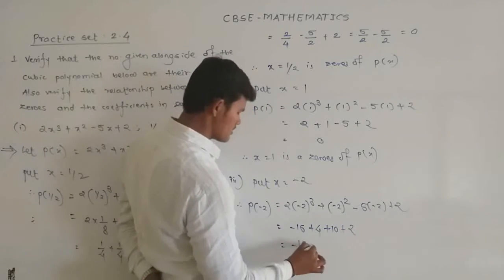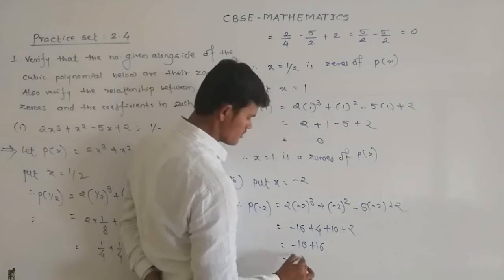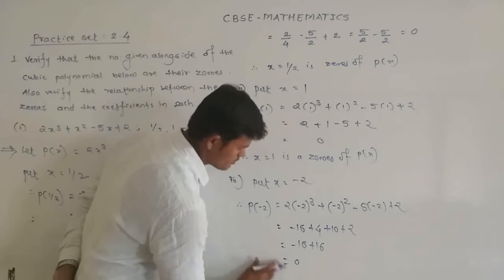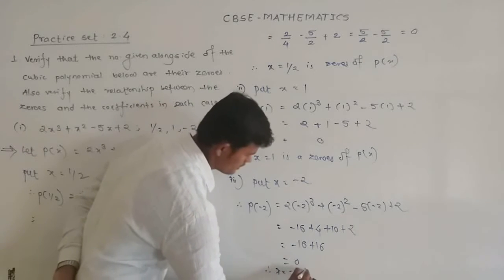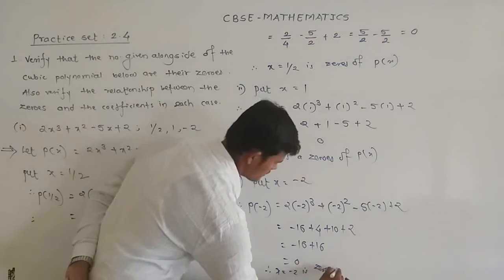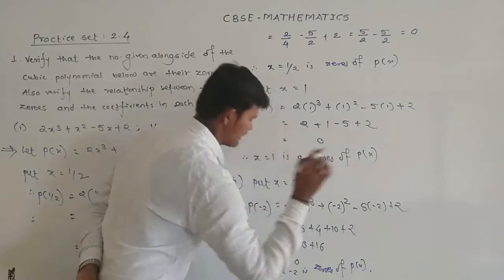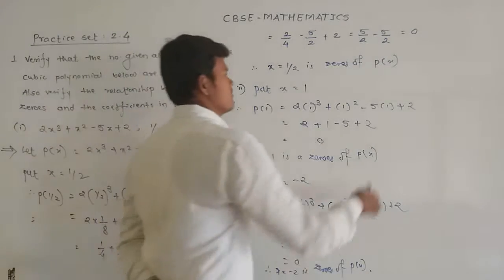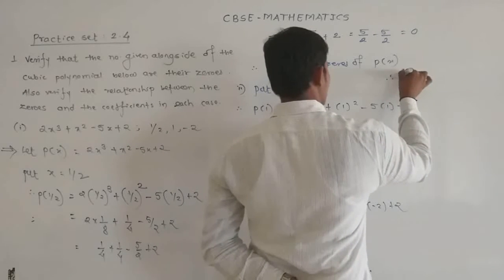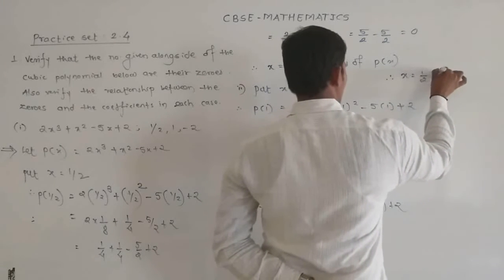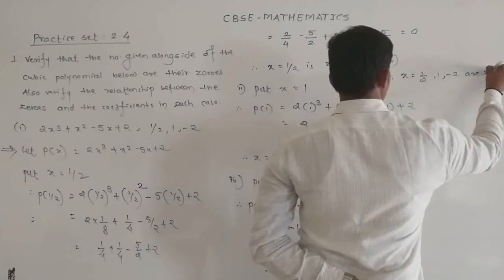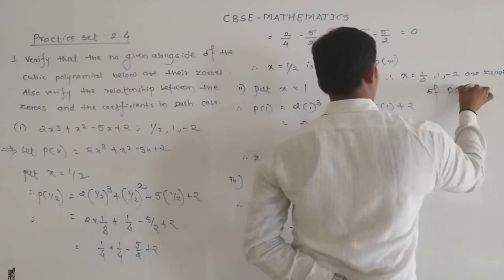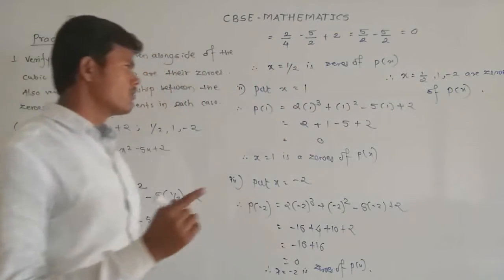So minus 16 plus 16 is equal to 0. Here also x equals to minus 2 is a zero of p of x. That means 1 by 2, 1 and minus 2 are the zeros of the polynomial p of x.